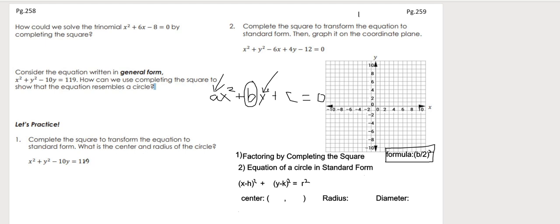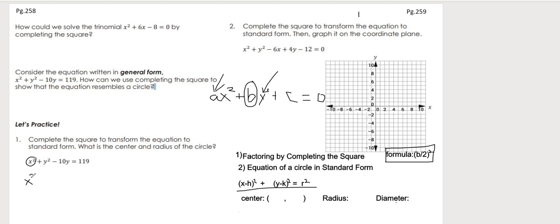And we're going to write this into the equation of a circle, which is like this. And then we're going to find the center, and we're going to find the radius, and then we're going to find the diameter. Okay, so the way we're going to do this is, notice I have x squared plus y squared minus 10y is equal to 119. We're going to isolate the x squared. So since I only have x squared and I don't have any other x's, that's going to go by itself.